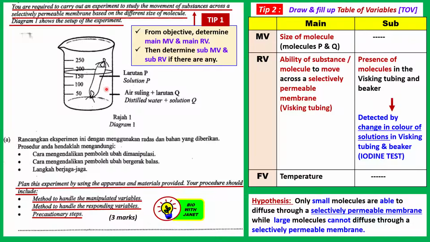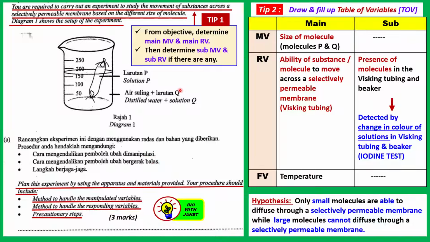It's quite an ingenious and interesting experiment. However, in your textbook, glucose is used. Glucose is also put into the Visking tubing together with starch. But here, there's no glucose involved. If glucose is involved, you have to test the solution outside for glucose by using Benedict's solution. But in this case, there's no glucose involved, so only the iodine test is involved.